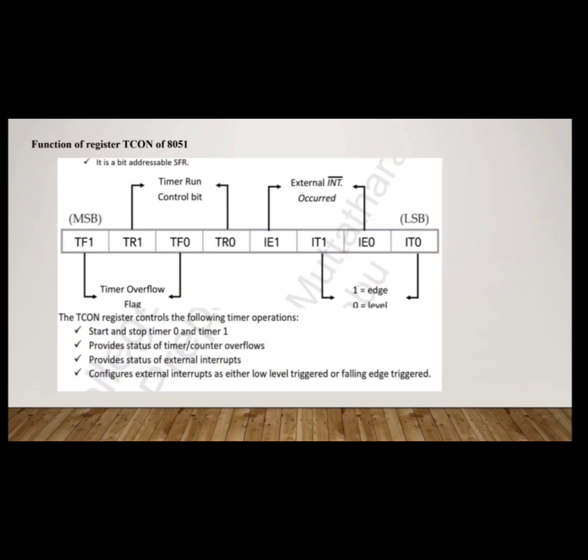So the TCON register controls the following timer operations. We can start and stop timer 0 and timer 1. TR means the timer run control unit, which is for timer 0 and 1, to start and stop the timers. Then it provides the status of timer or counter overflows, using the timer overflow flag.